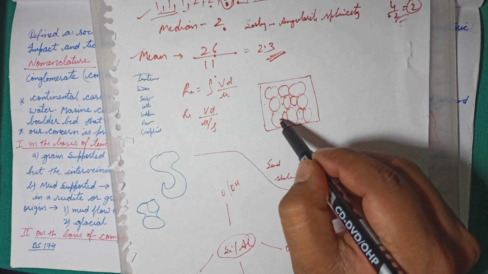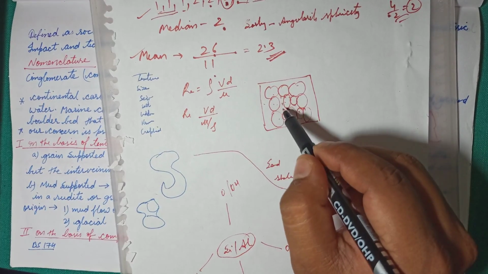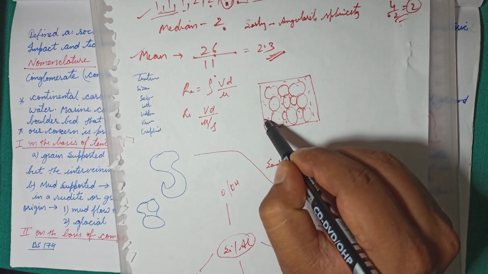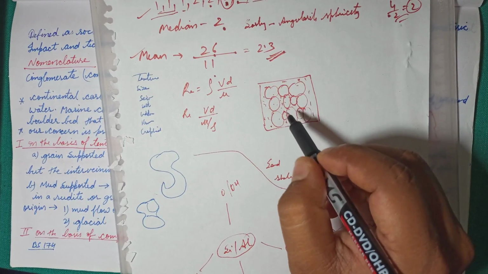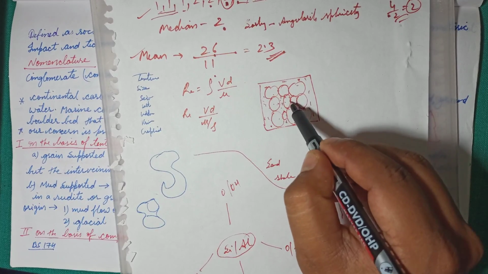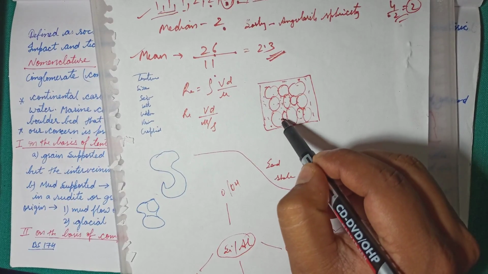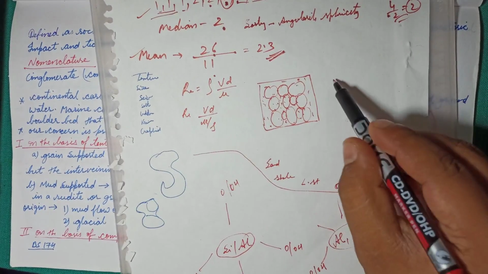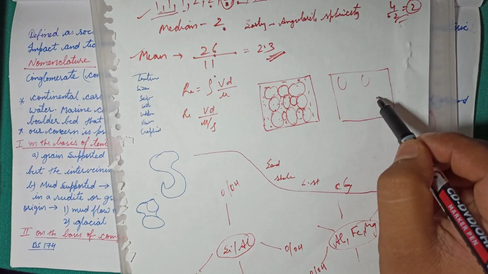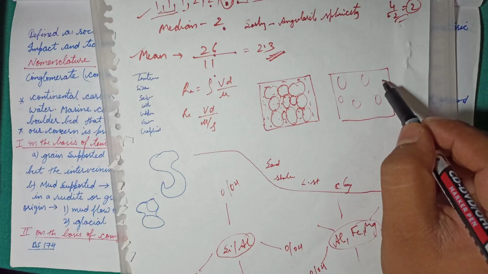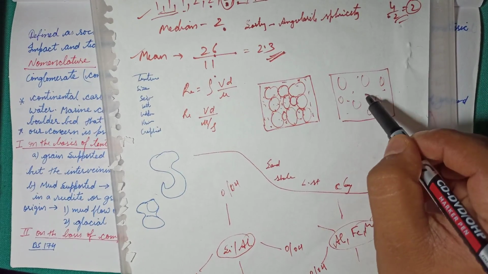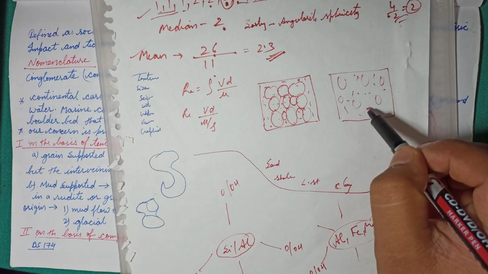Think these all are pebbles, and the void spaces in between them are filled by the sand. So what you see here is that these grains are connected to each other. And another one you will see, none of them are interconnected. There are also spaces, and these spaces are filled by the matrix.